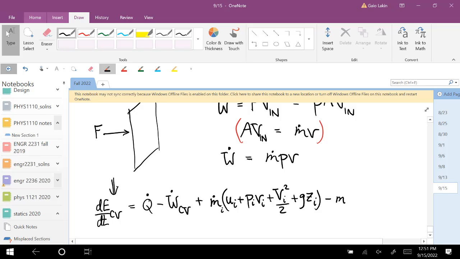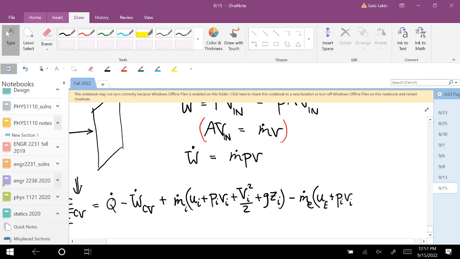The mass flow rate at the exit is m dot sub e, and you have all these same terms. So the specific internal energy at the exit plus P_e times specific volume at the exit plus the speed at the exit squared over 2, plus g times z at the exit.